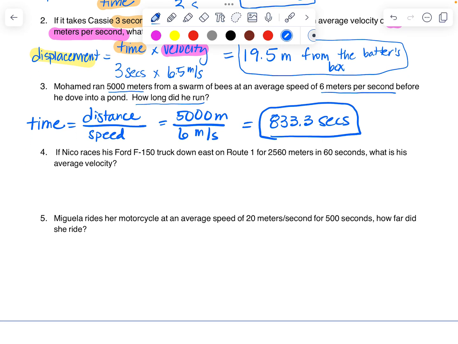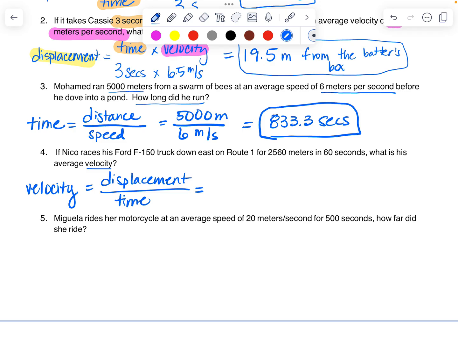If Nico races his Ford F-150 truck down east on Route 1 for 2,560 meters in 60 seconds, what is his average velocity? So we're looking for velocity. And velocity, if you look back up there, is displacement divided by time.